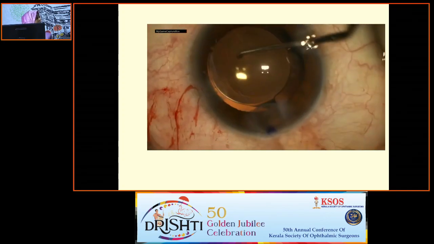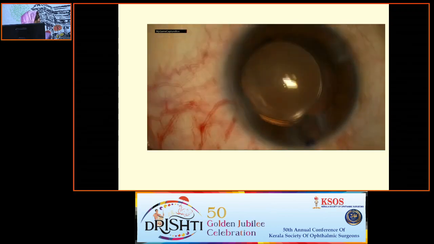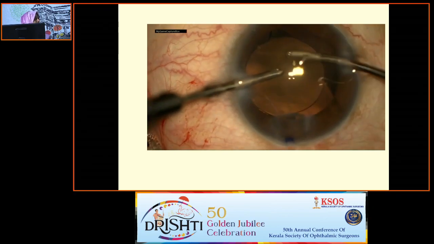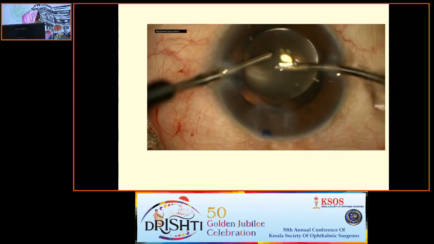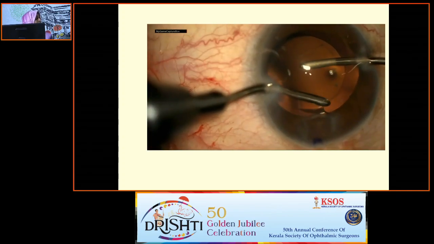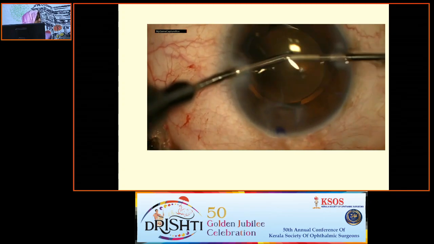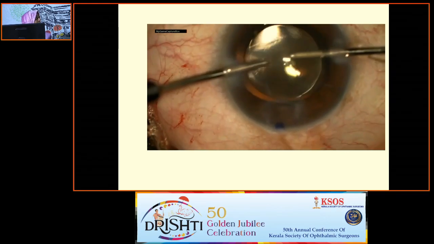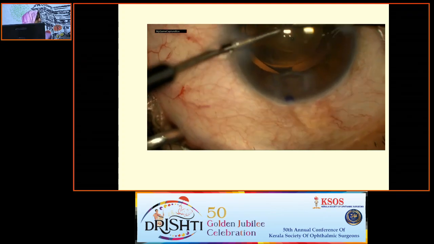Then wash out the viscoelastic and do final adjustment or refinement with either an irrigation probe or a dialer. Then give a central tap. Then hydrate the wound tightly so that IOP is slightly higher than normal, and it will prevent further rotation.